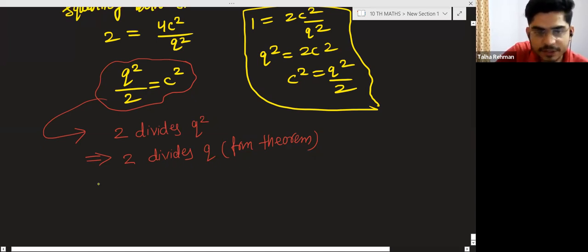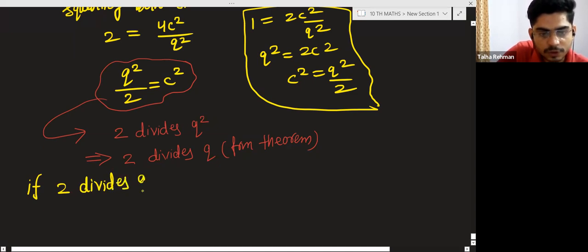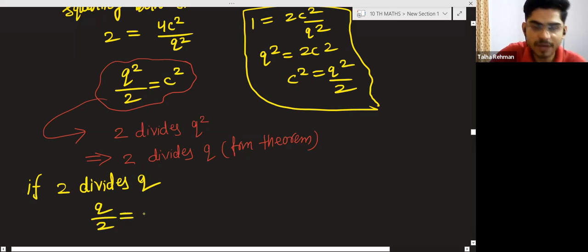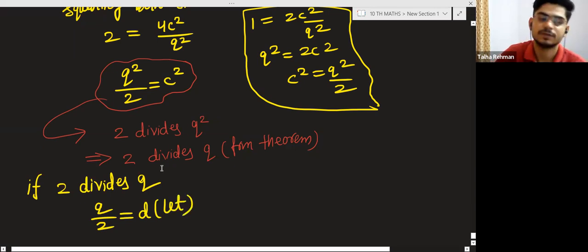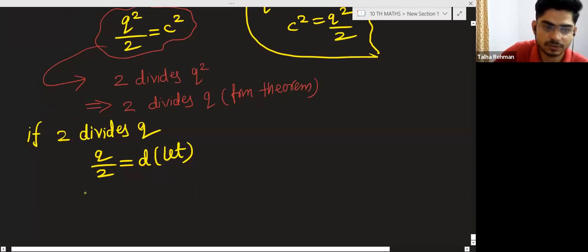If 2 divides Q, it means Q divided by 2 will be some number we don't know, and I am considering that number D. Now the question is solved.